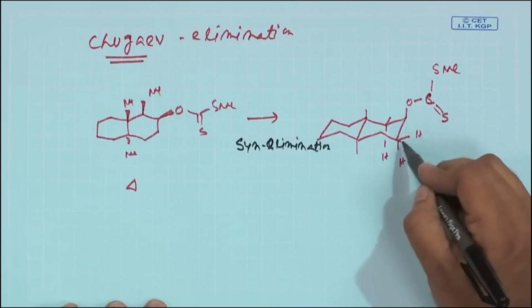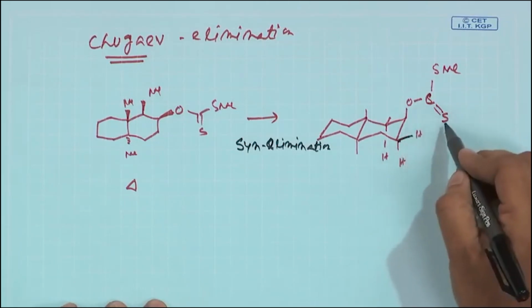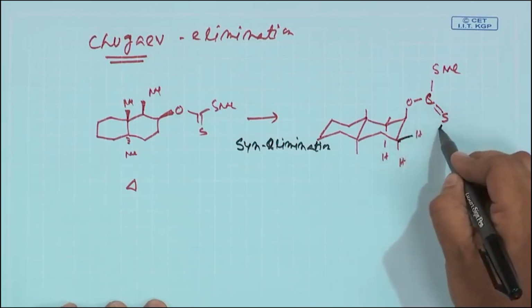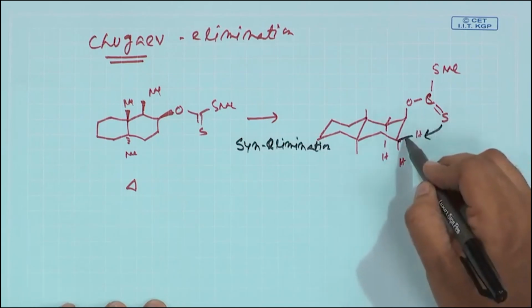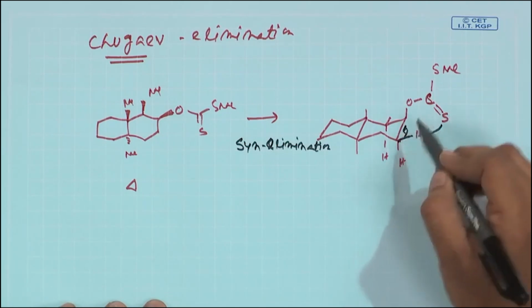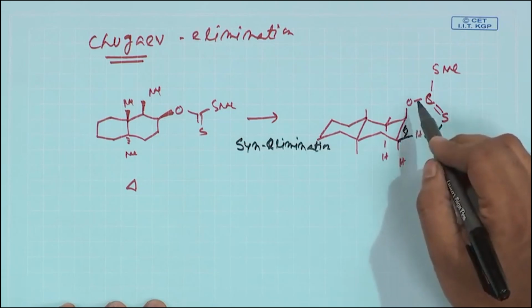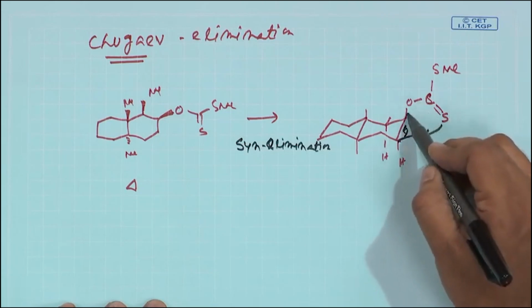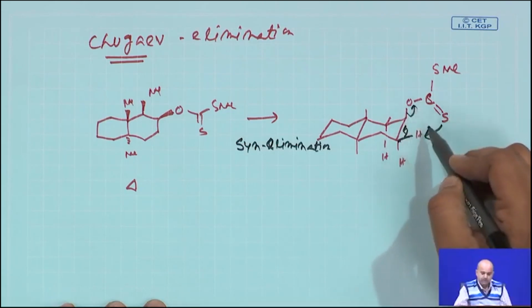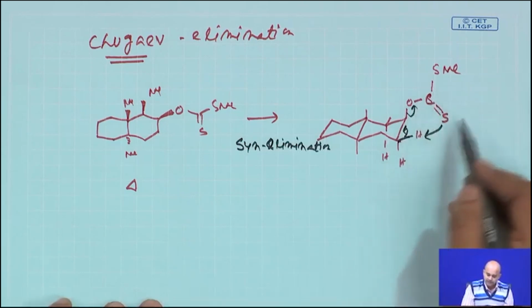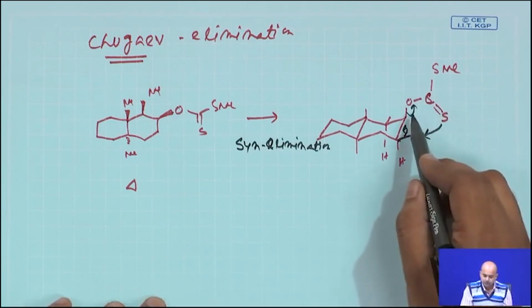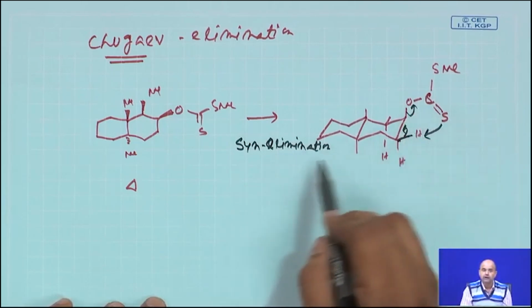Now, if you closely analyze, the mechanism basically goes this way. This sulphur abstracts this hydrogen, and this comes here, and this basically knocks down the entire thing. In this way the reaction takes place, and it has to go through a syn elimination.